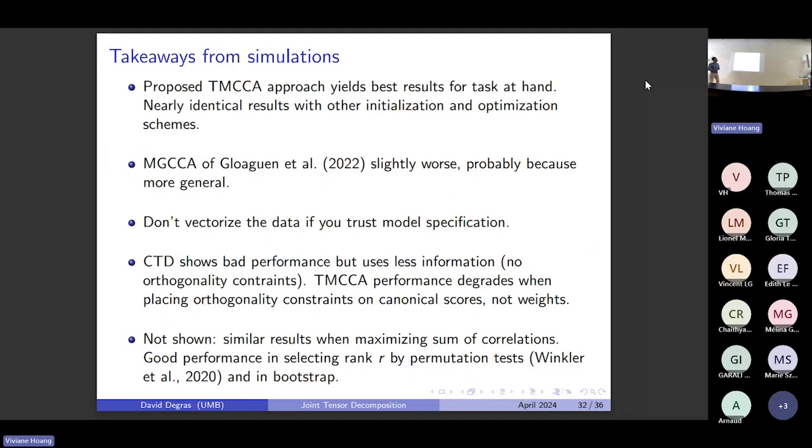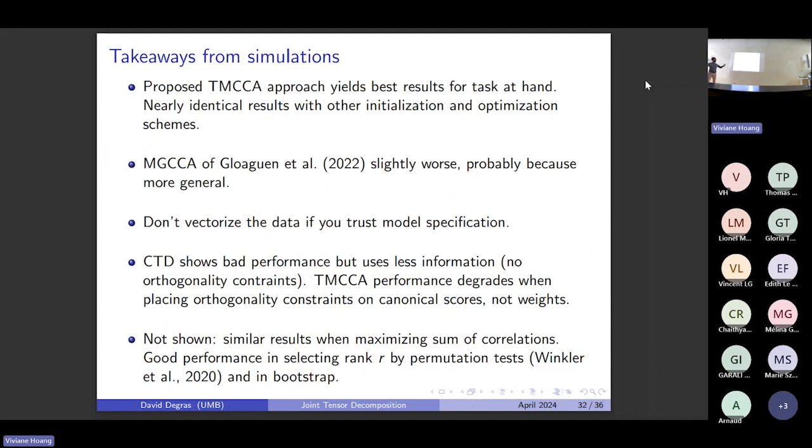So to summarize, the proposed TMCCA approach yields the best results for the task at hand. I've shown what happens with maximizing the sum of covariances. You have pretty much the same results when maximizing the sum of correlations. MGCCA is closely behind, and I have to remark that it is a more general method.